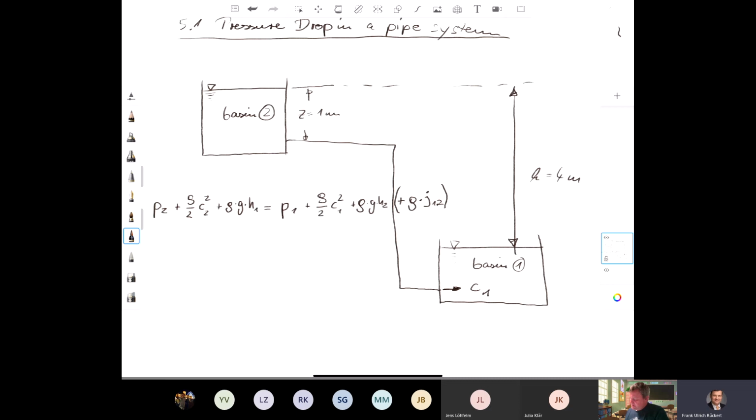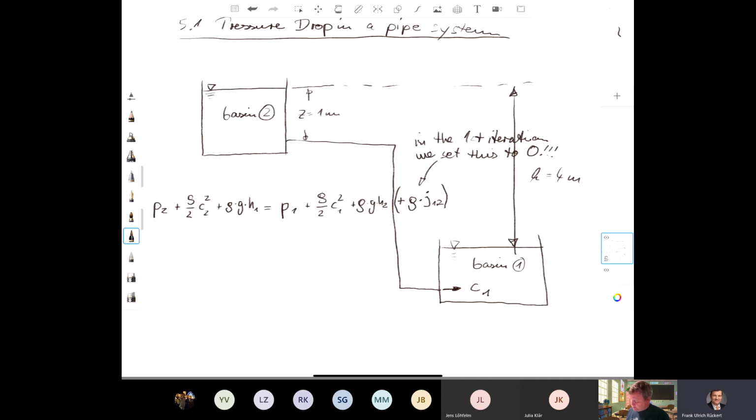But of course, it will not be 0. Yeah, it will be higher than 0. So in the first iteration, we set this to 0. Okay.